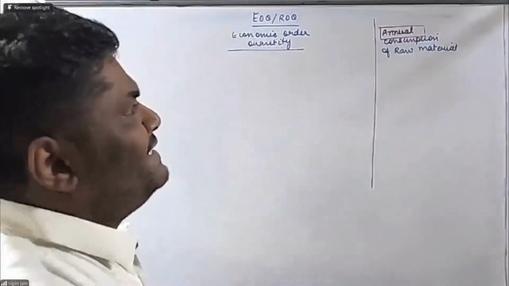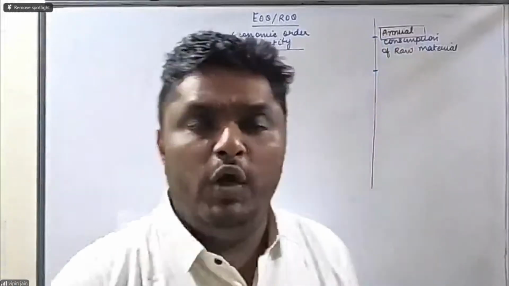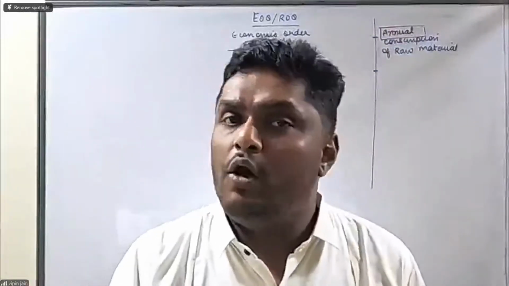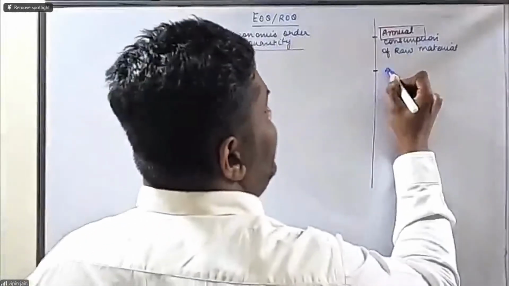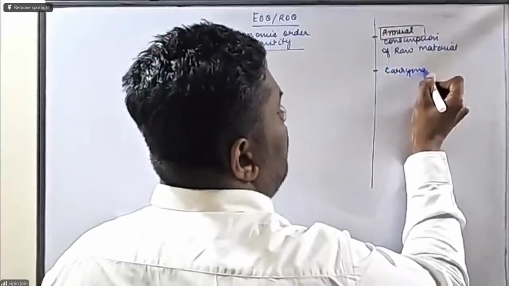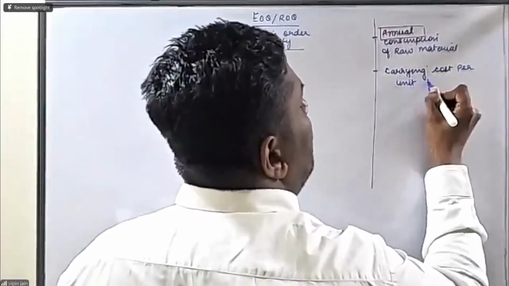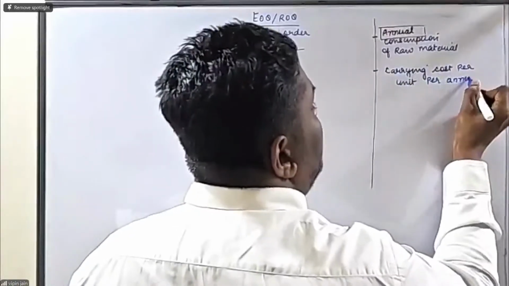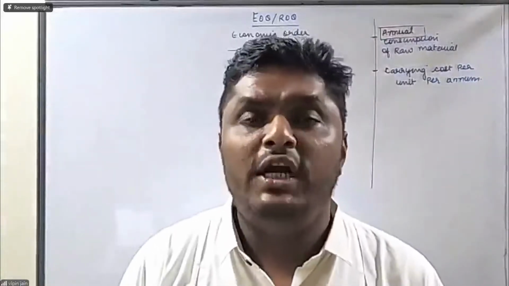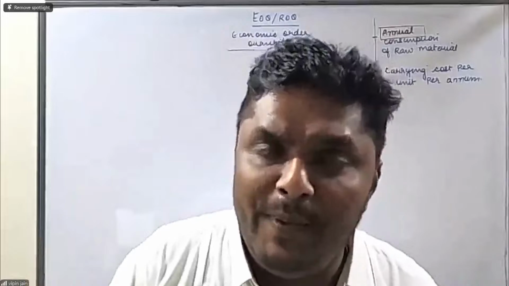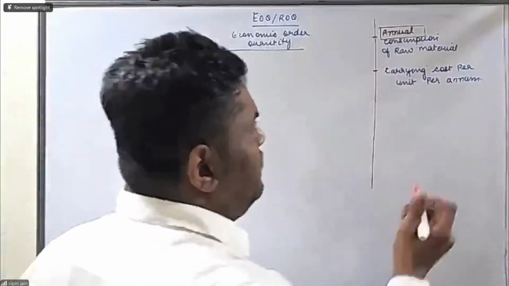Anyways, the first point is annual consumption of raw material, that is, how much raw material we consume annually. Now the second point we'll be needing is carrying cost per unit per annum. Again, if it is not given per unit, you have to convert it per unit. If the monthly carrying cost is given, then you have to convert it per annum.